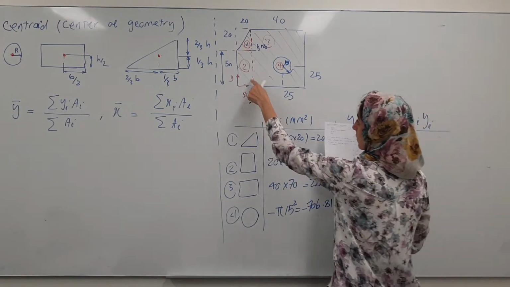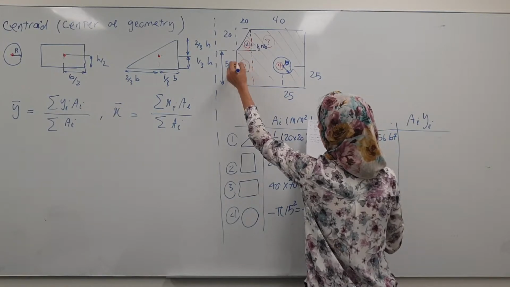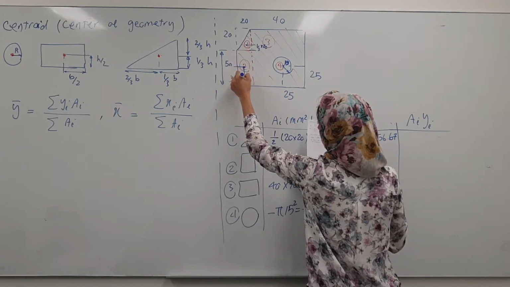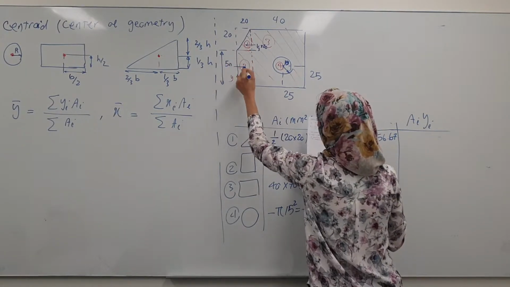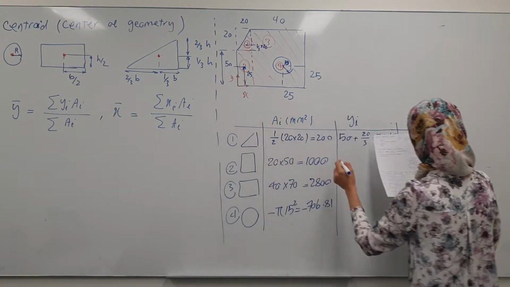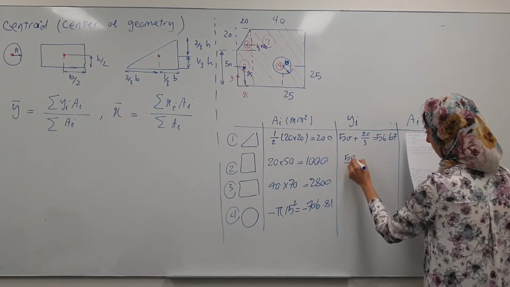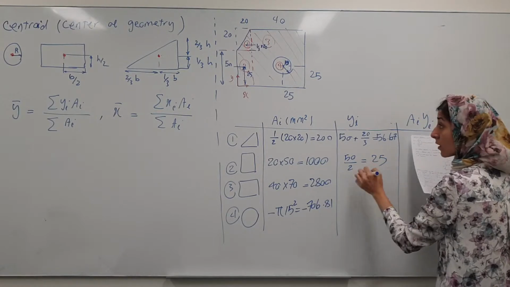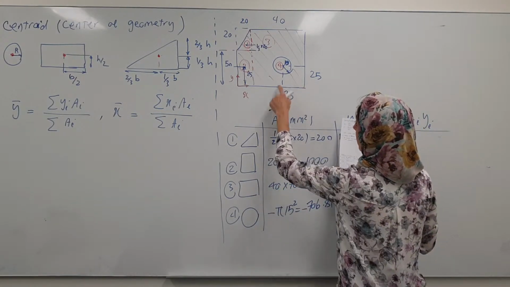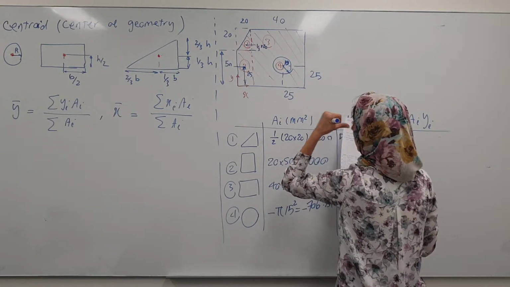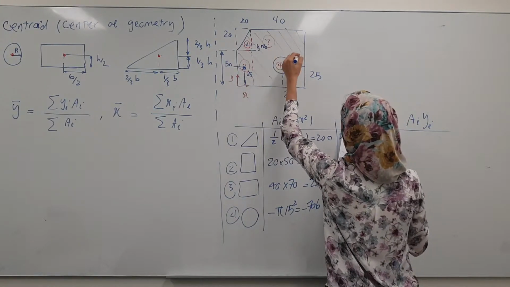For the next shape, the rectangle, we know the centroid should be here, which is half of this length, 25. For the next shape, again a rectangle, it should be at the middle.